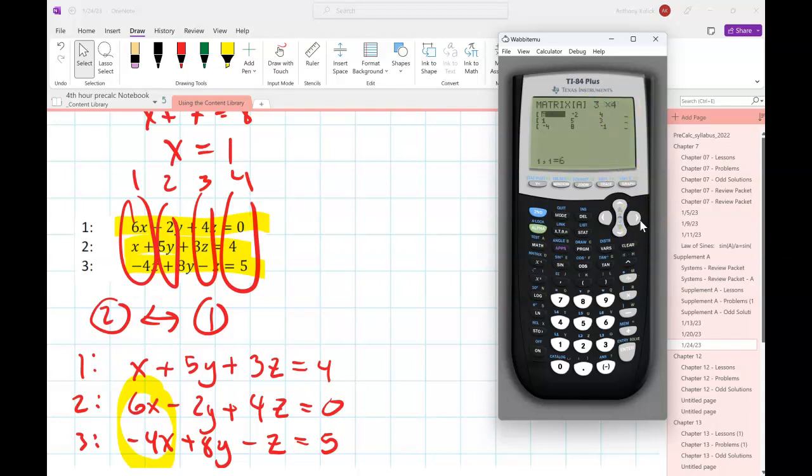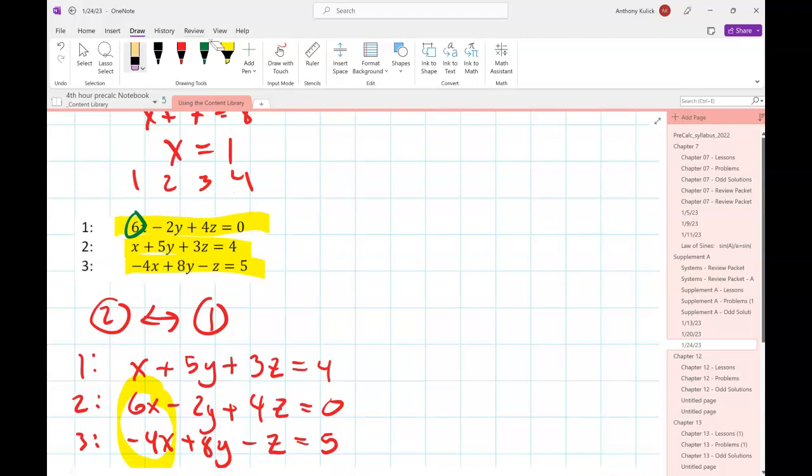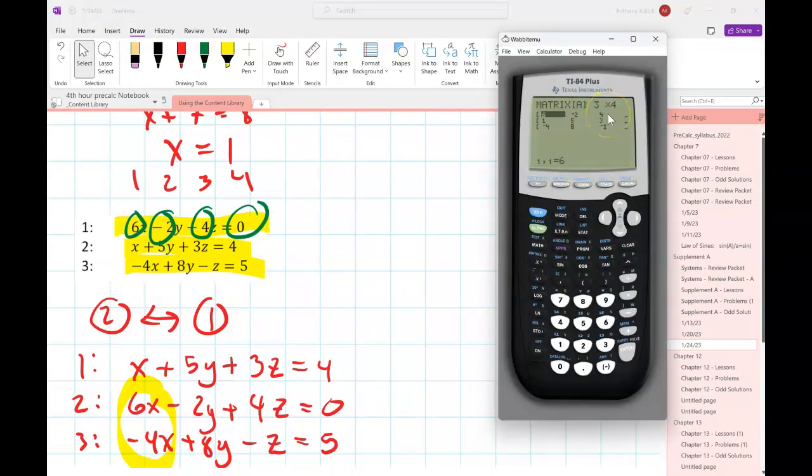And then what I'm going to input in my matrix is, for the first row, I'm just going to type in the coefficients. So 6, -2, 4, and then 0, which I've already done here because I did this already once today. But I'm just taking the coefficients from row 1 and inputting those as the entries in row 1 of my matrix. Guess what we're going to put in row 2?